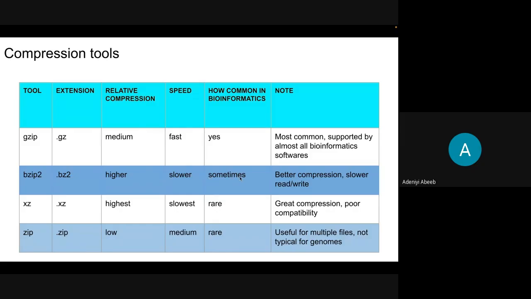It's still very popular. You will come across bzip2 files a lot, but it's not as common as gzip files. So gzip is still the most common compression tool that you come across.